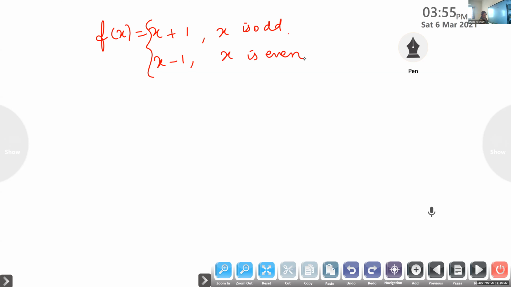Prove that this is a bijection. F of x is x plus 1 where x is odd, x minus 1 when x is even. You have to prove this is a bijection.